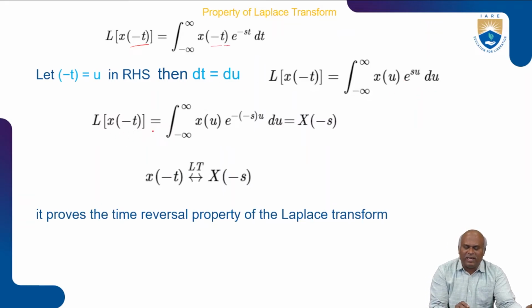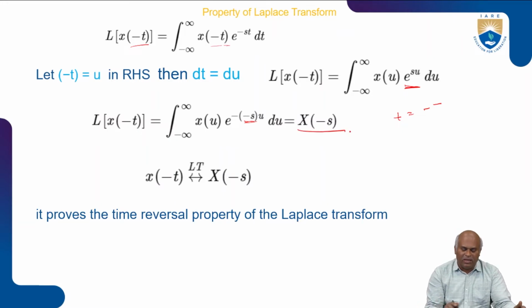Now I re-modify this portion: the integral of x(u) e^(-(-s)u) du. This term is minus s, so we write X(-s).